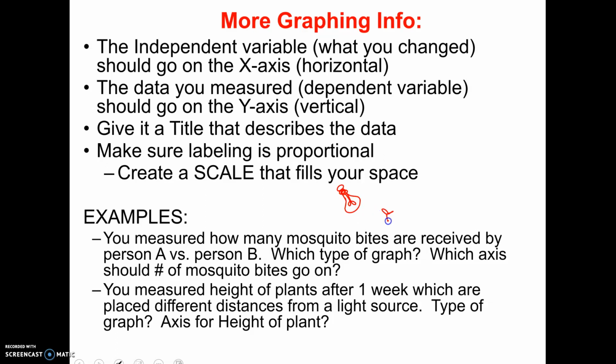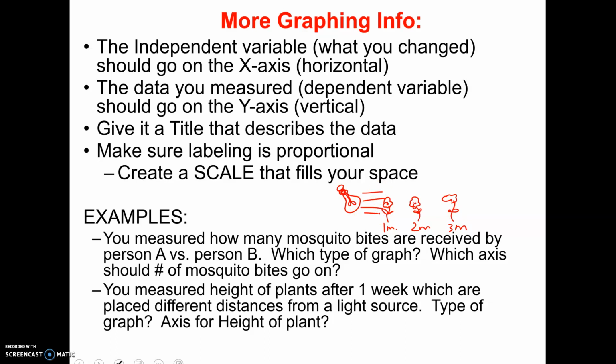And I'm going to take plants and I am going to place them different distances from this light source. So maybe I put one 1 meter away, 2 meters away, 3 meters away. And what I'm going to then measure is how tall they grow. So I'm looking at basically how the distance from light affects the growth rate of our plants.